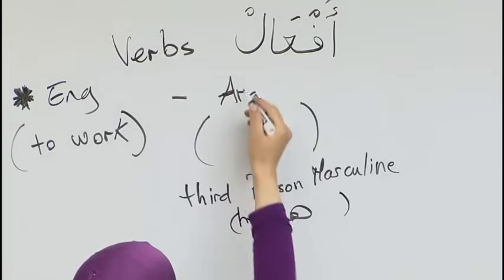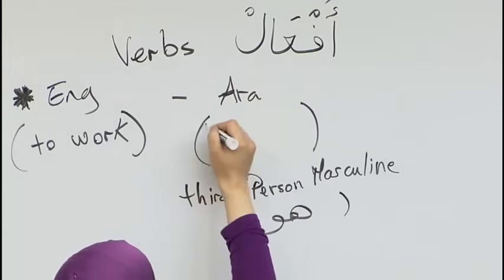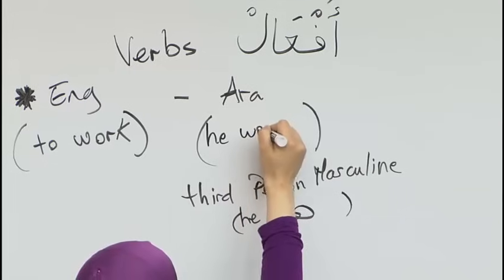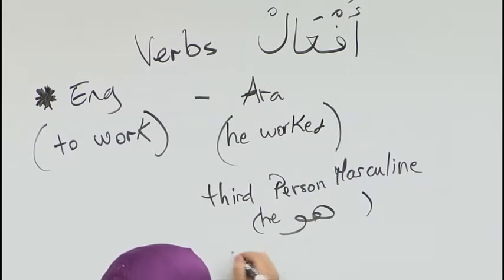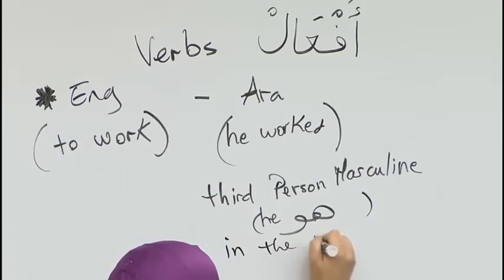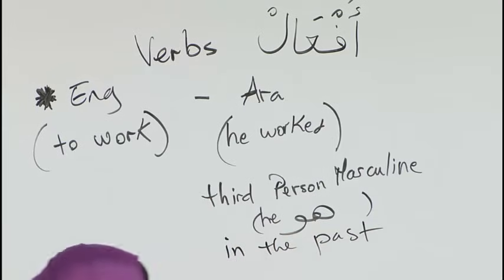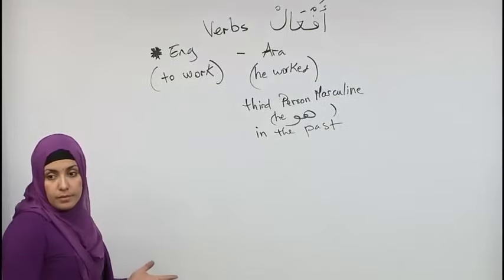He. So the infinitive would be he worked in the past. Third person masculine in the past. That's infinitive verbs in Arabic. So in English you say to work, in Arabic he worked.